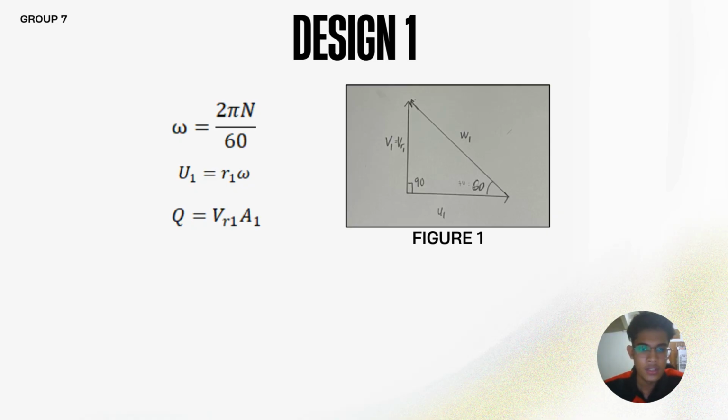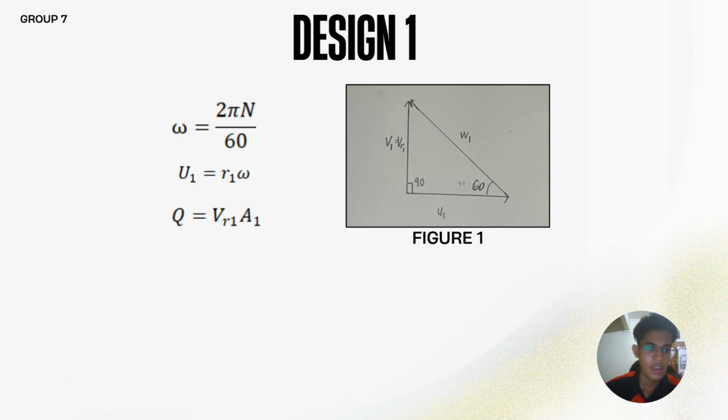And after that, we find the inlet blade velocity, which is U1, equal to R omega, and we insert the inlet radius, which is 0.05 meter, and we get 30.09 meter per second.